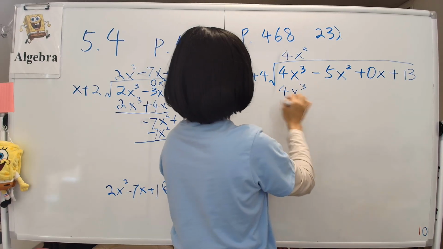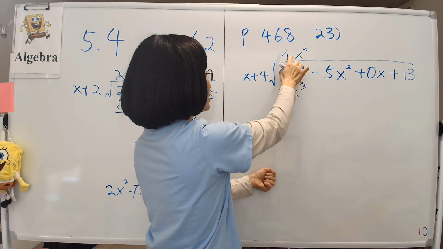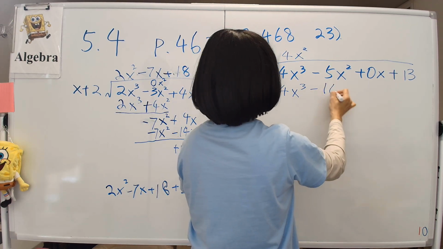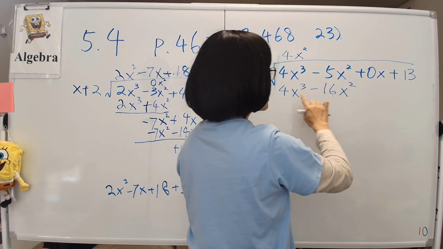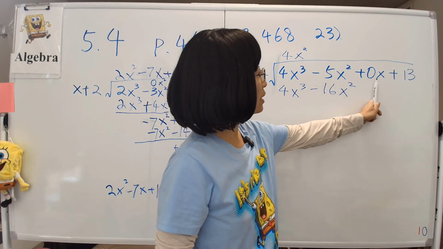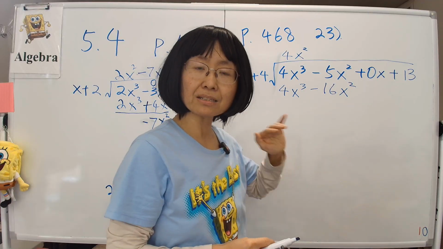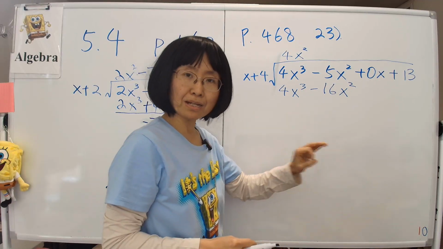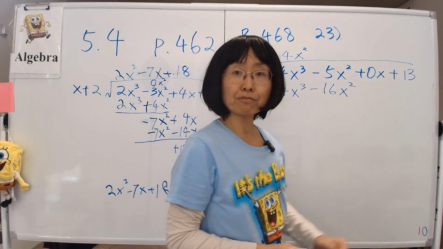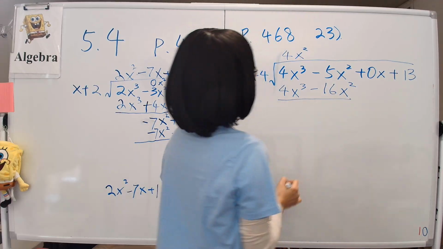And then the next thing we'll multiply by here is 4 times 4 is 16, and then x squared. You always go down by 1. The reason is that if something's missing, then you put down a 0 there. So you will always go down by 1, guaranteed. Long division is a systematic process with no exceptions, as long as you don't forget to put the zeros where they're needed. So then we'll do the subtraction here.